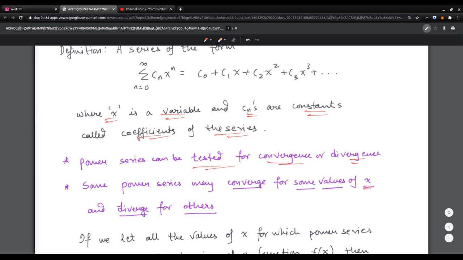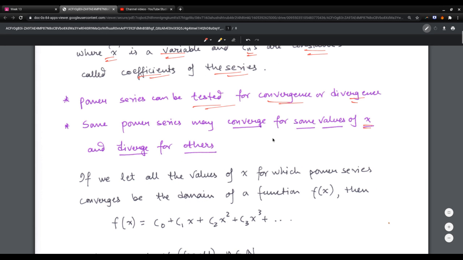So our goal is to understand these kinds of series, understand what happens when we change these coefficients and have them be a certain value. How does that affect the convergence of the series?